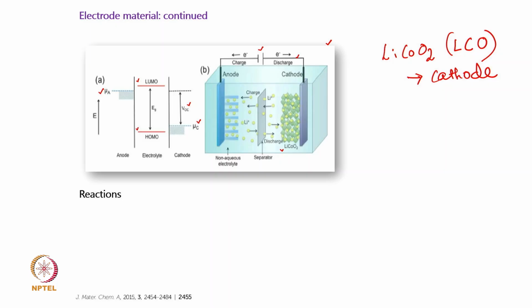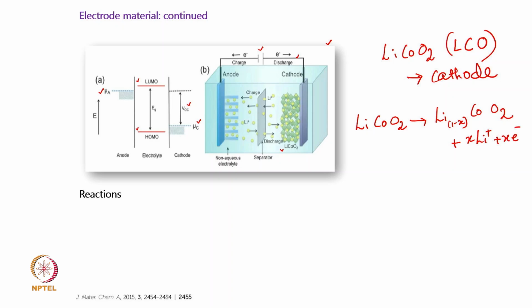Typically, the reactions which happen are, let me write them down. LiCoO2, which is the cathode, becomes Li(1-x)CoO2 plus x Li+ plus x e-.